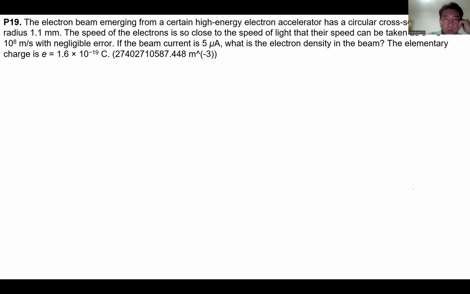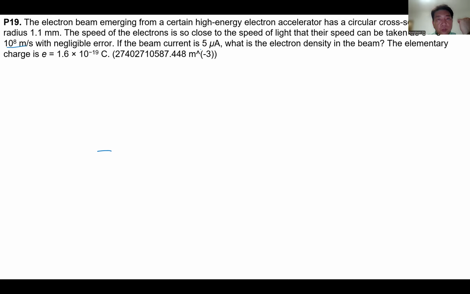Problem 19. An electron beam emerging from a certain high energy electron accelerator has a circular cross-section of radius 1.1 millimeter. And the speed of the electrons is so close to the speed of light that we take it as the speed of light, and it is about this value.